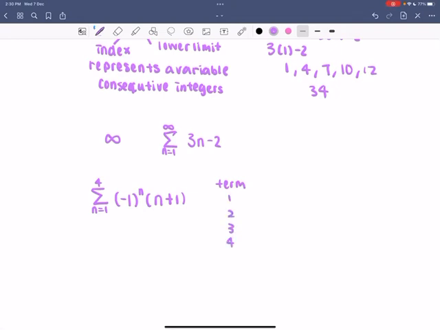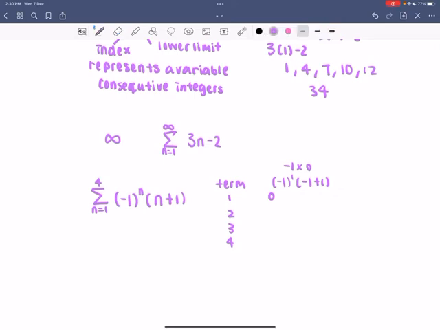So first term is -1 to the power of 1, which is -1, times -1 plus 1. So -1 plus 1 is 0. And anything times 0 is 0. So the first term in the series is 0.